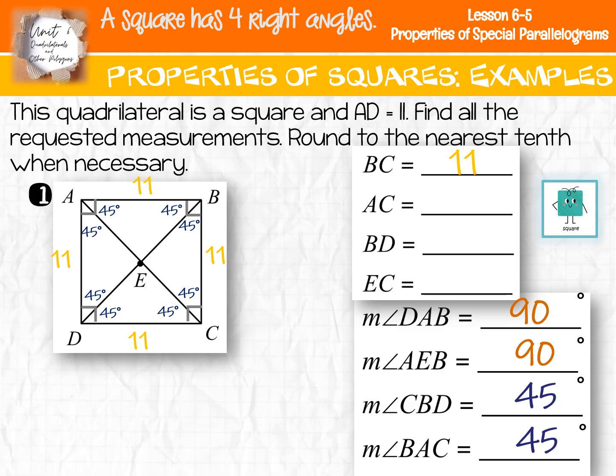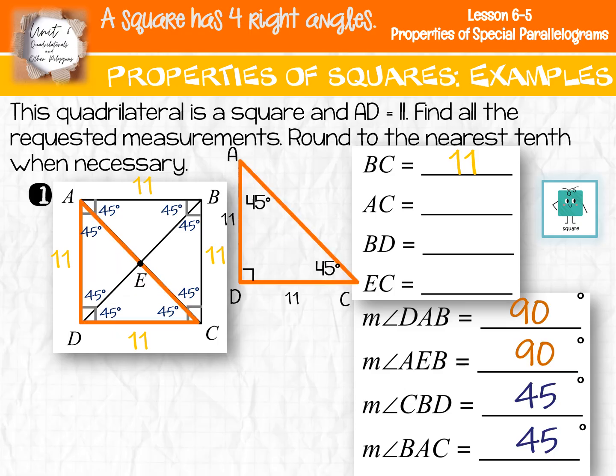So let's just look at what's going on here. So we have this right triangle that will give us length of segment AC. We have the 2 11s. It's 45, 45, 90. So that is our special right triangle.